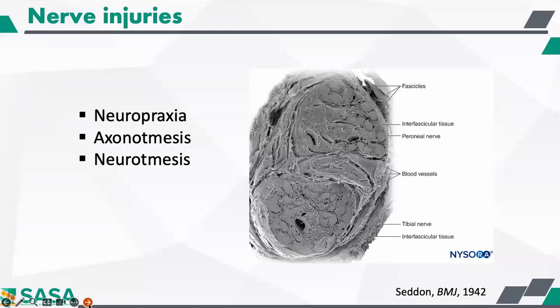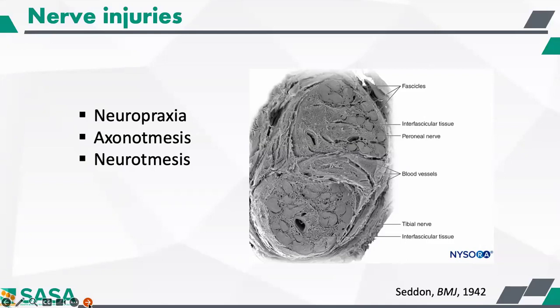Neuropraxia occurs when nerve fibers are compressed or stretched. This type of mechanism of injury leads to damage of the myelin sheath. However, it does not impede nerve conduction, though nerve conduction can be delayed. Recovery is quite good, so the prognosis in general is good.